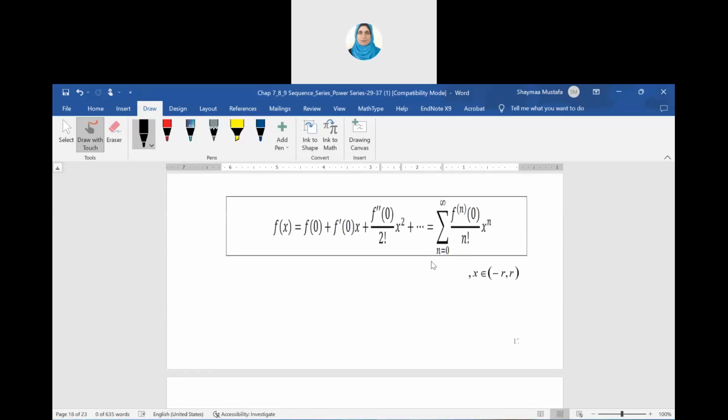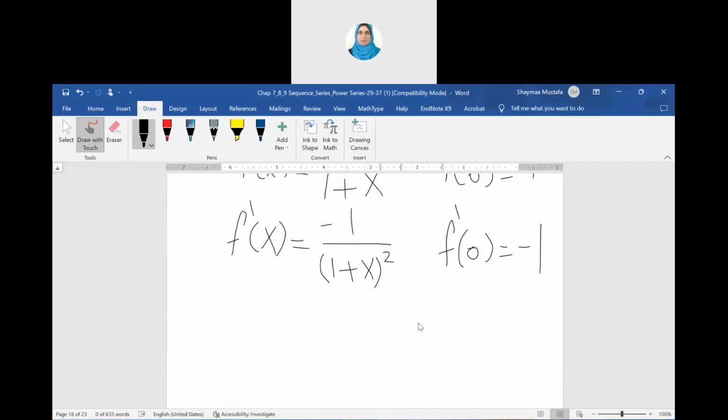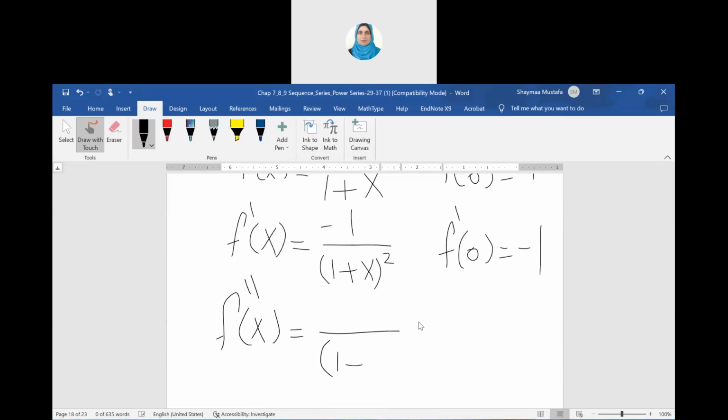Okay, third term, we have to find the second derivative of the function f at 0. So we need to differentiate another time. So again, 1 plus x to the power 4. So you have 1 plus x squared times the derivative of minus 1, which is 0, minus minus, which is 1 times 2, the derivative of 1 plus x squared, which is 2 times 1 plus x.